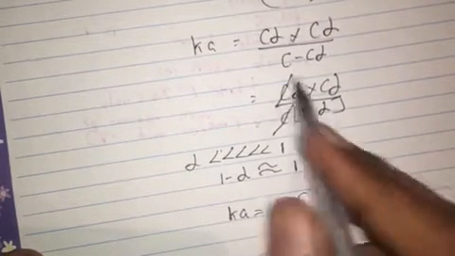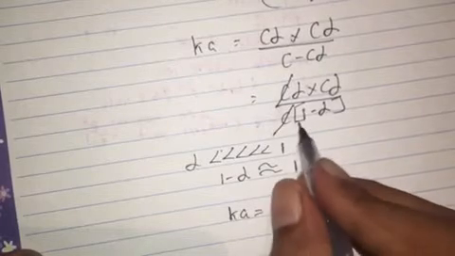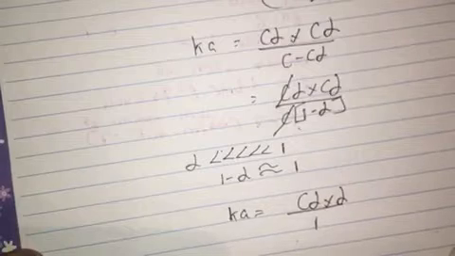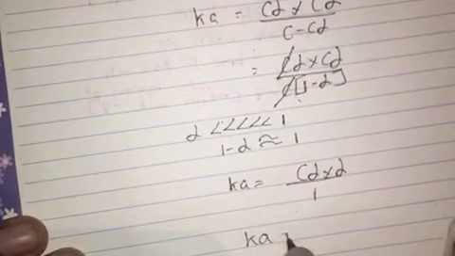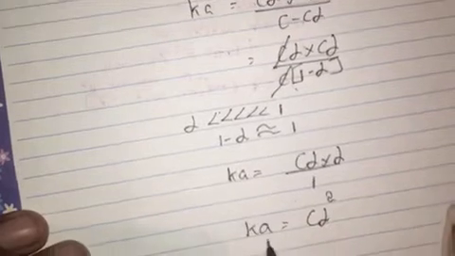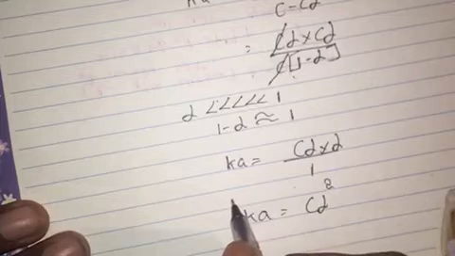Now we can modify this equation: Ka equals C alpha times alpha over 1 minus alpha, where we can write 1. Now we can write Ka equals C alpha squared. This is the Ostwald law of dilution.